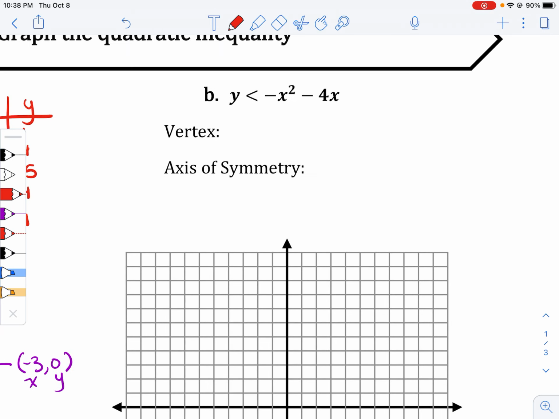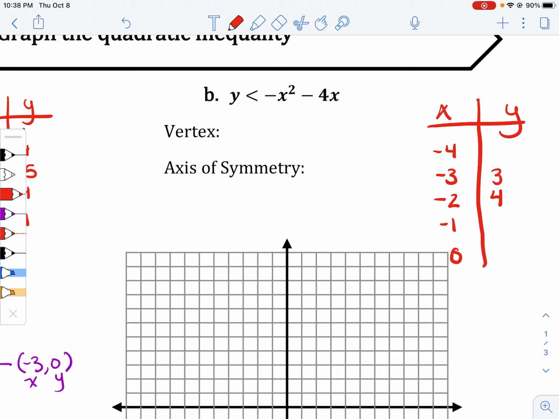We would make a table that looks like x, y. I see symmetry around -2, which means I'm going to go 1 on either side. So at -2, it's at y equals 4. At -3, it's at 3. At -4, it's at 0, and so on.